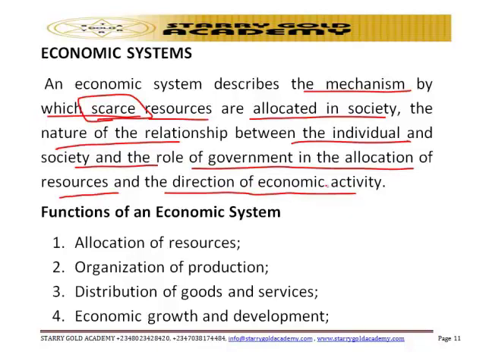So let's now look at the functions of an economic system. I've explained what an economic system is. Let's look at its functions. One of the functions of an economic system is the allocation of resources.